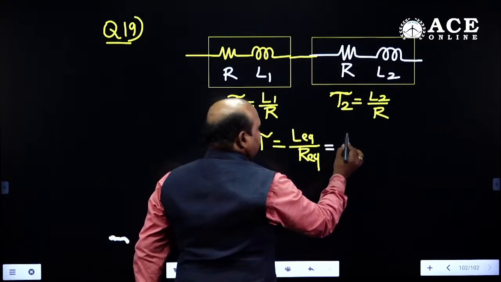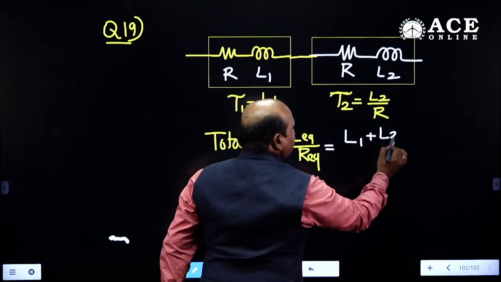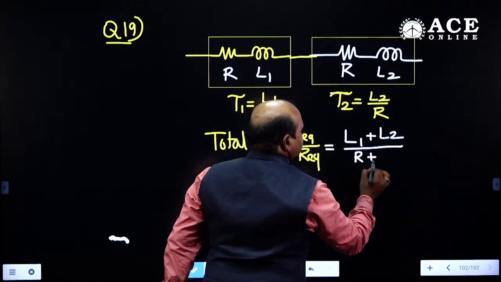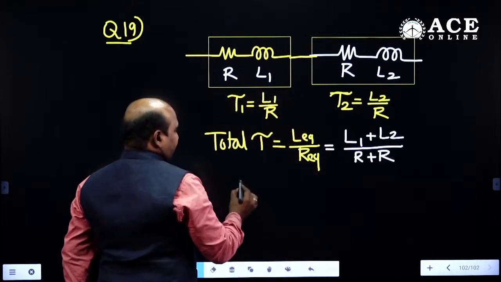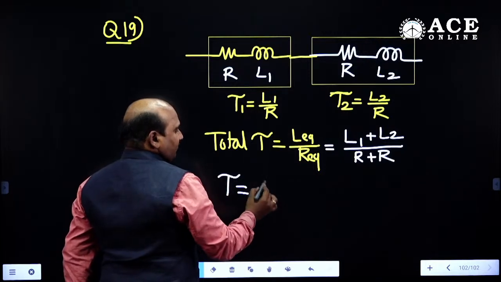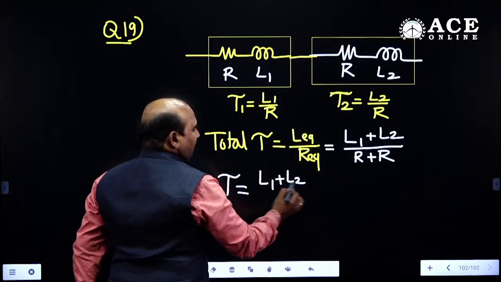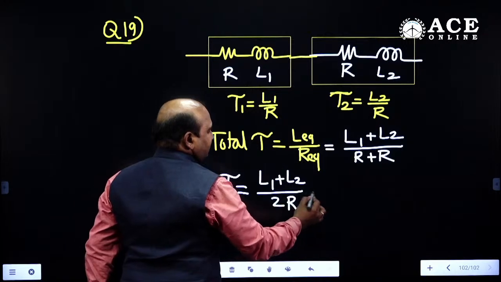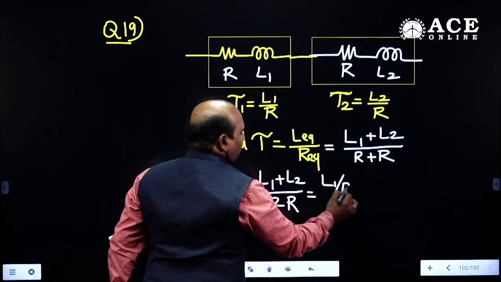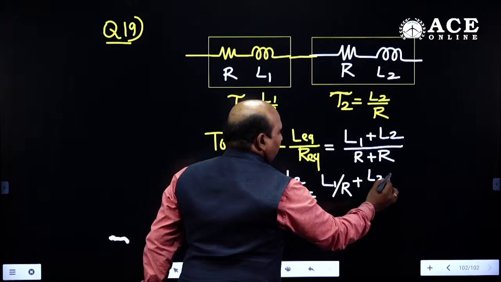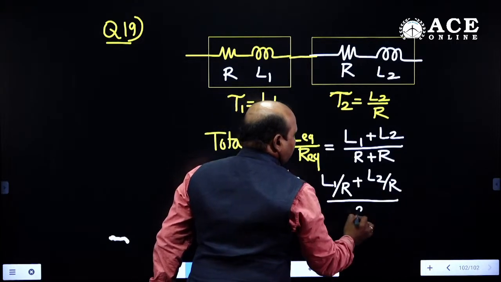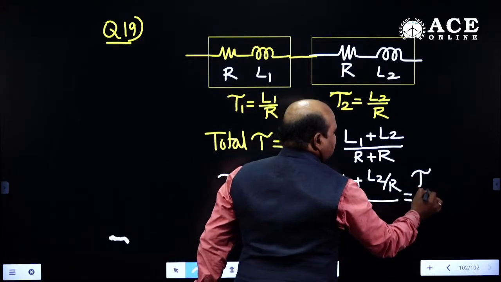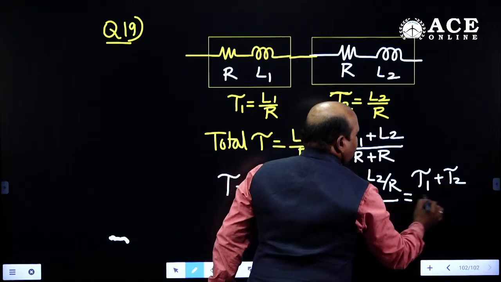Now, L equivalent in series we can add, and R plus R. Is it okay? Now time constant tau is equal to L1 plus L2 by 2R. This I can write as L1 by R plus L2 by R, by 2, which is nothing but tau 1 plus tau 2 by 2.